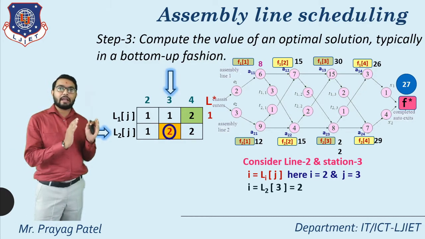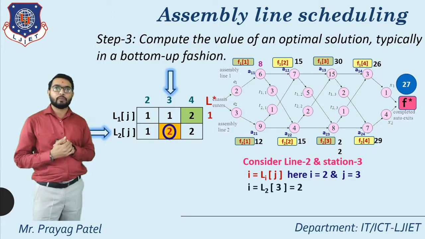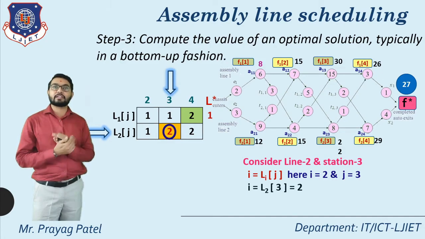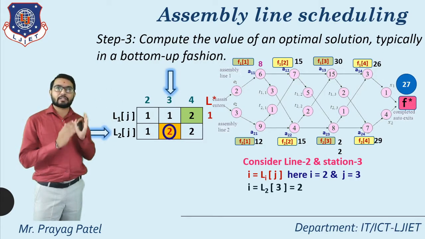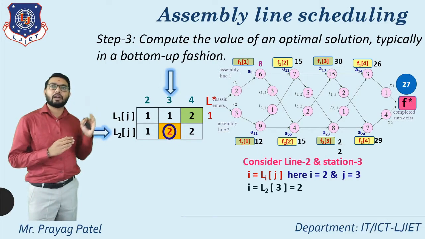What is the meaning of L23? L23 equal to 2 means select line number 2, because value 2 means select line number 2, in which station? In the previous station. Now we are at location 3, or column number 3, which means station number 3. So L23 equal to 2 means select line number 2 in the previous station, and the previous station means station number 2.